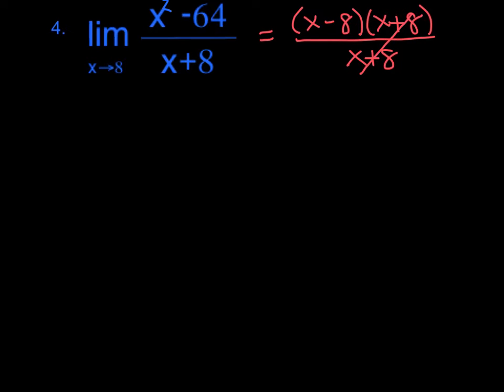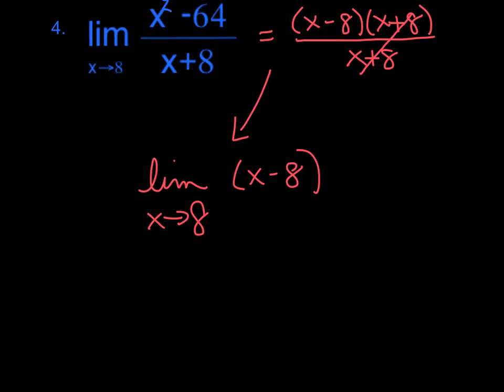Okay, I'm just going to transfer this down here. So then I have the limit as x approaches 8, technically, of just x minus 8. And when I plug this 8 right in here, I'm going to end up with 0.